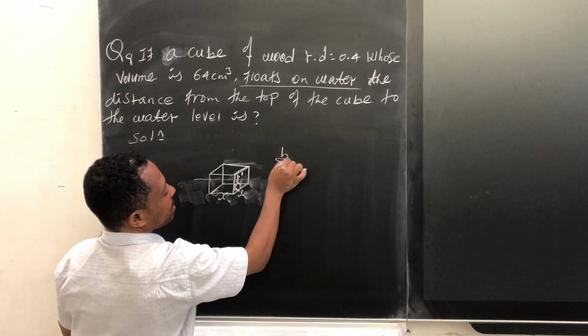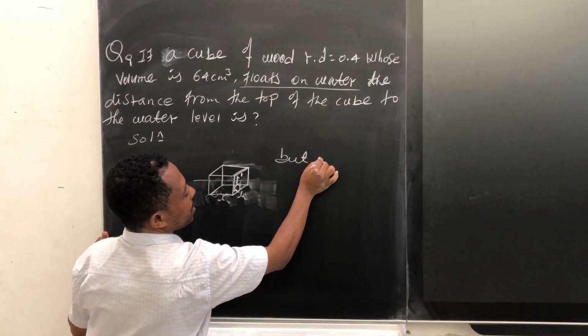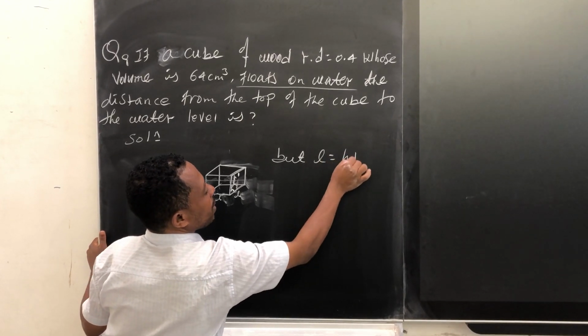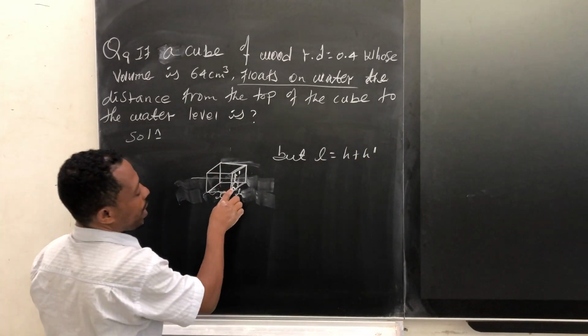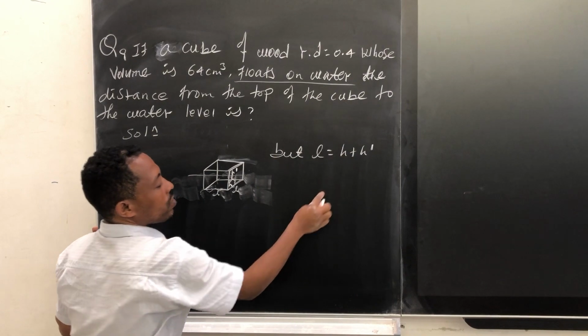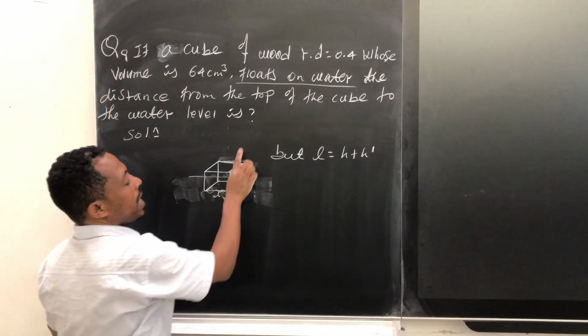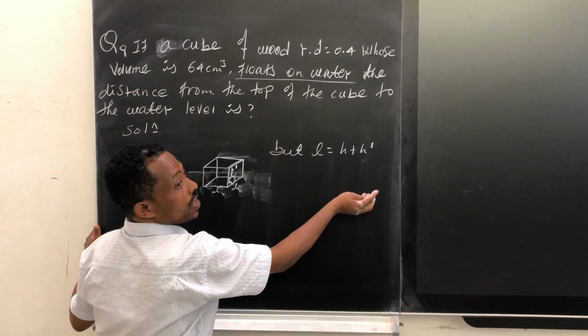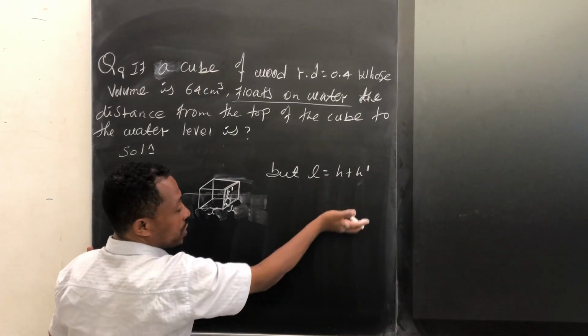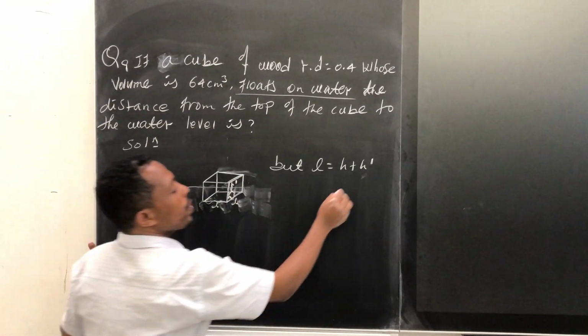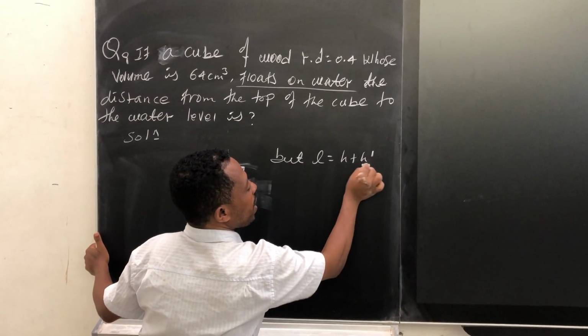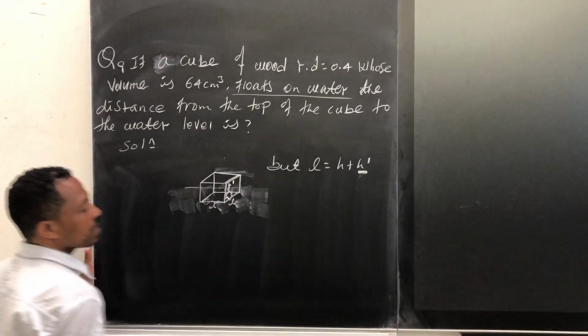But don't forget, L is equal to h plus h prime, where h is the submerged height of the cube and h prime is the non-submerged height. So we are interested in finding this height.